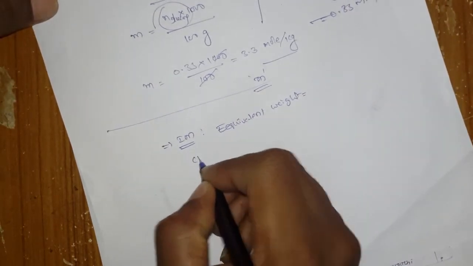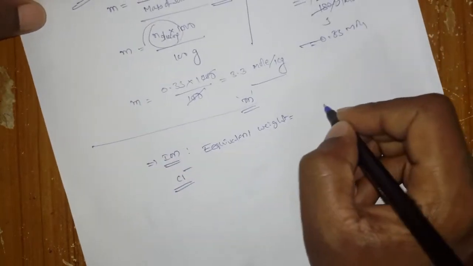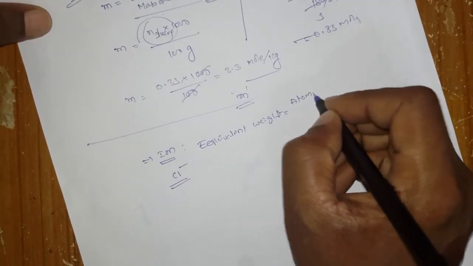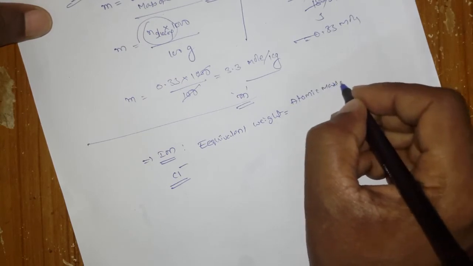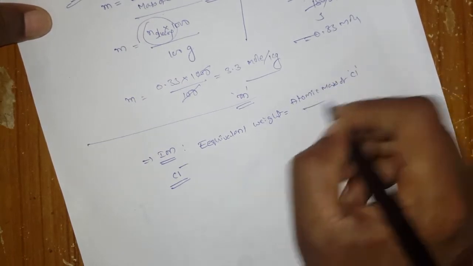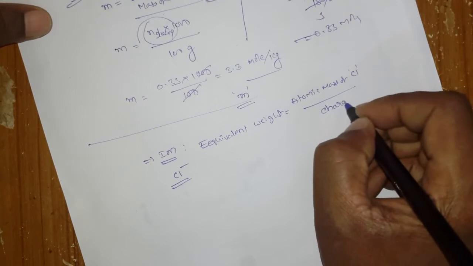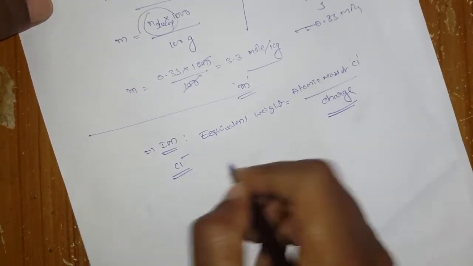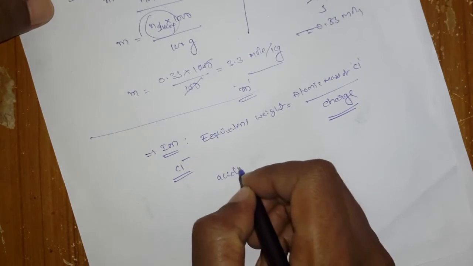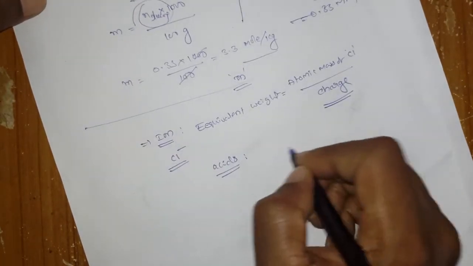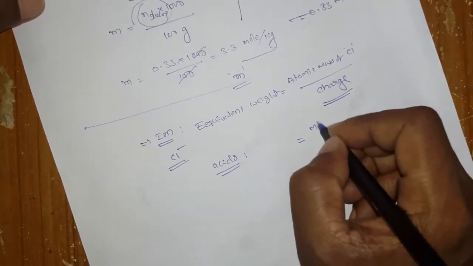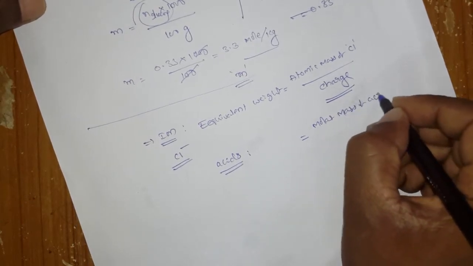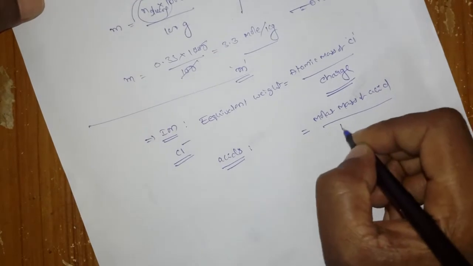Go back and see this one, equivalent weight for an ion. Take the chloride ion, Cl minus, for example. The equivalent weight is equal to the atomic mass of chlorine divided by the charge present on it. And for acids, the equivalent weight is equal to the molar mass of the acid divided by the basicity.